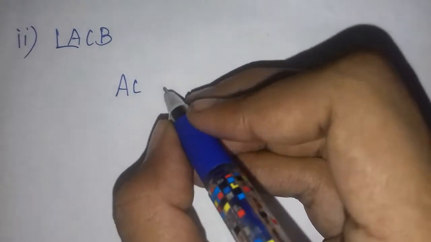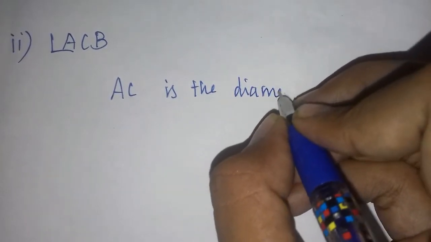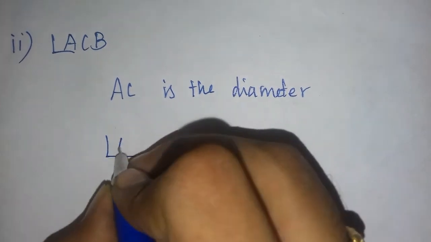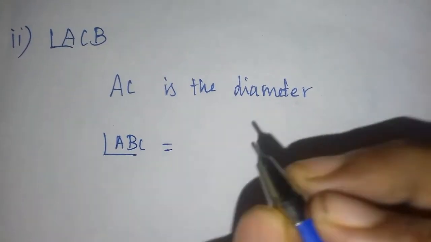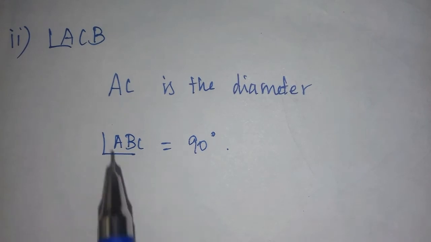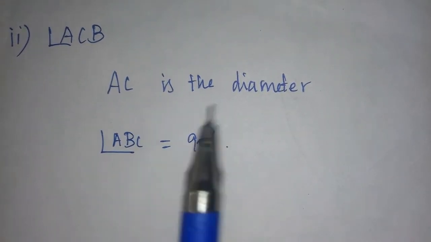Okay. First, what do we have to write? The side AC is the diameter. So, what will you get? Angle ABC is 90 degrees. Since AC is the diameter, angle ABC is 90 degrees.